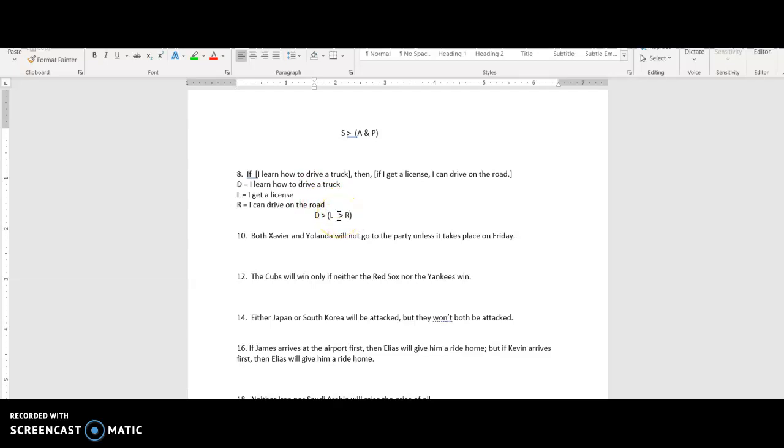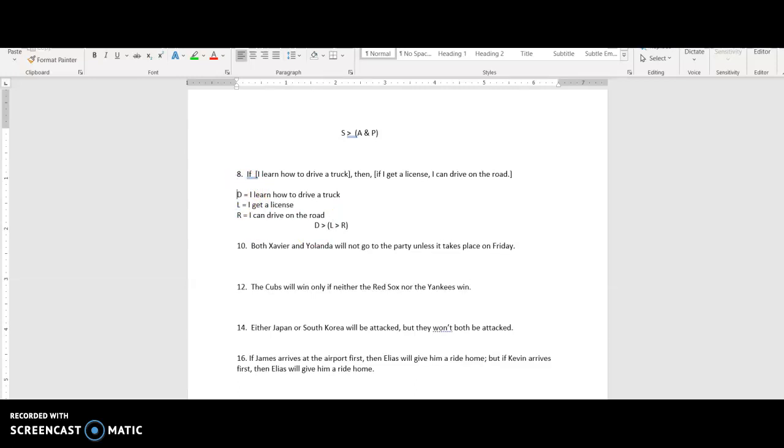All right, so it looks complicated, but again, if you can identify the main operator, then it's just a matter of breaking stuff down into the parts and doing each part individually. I'll do one more quick one. I'm running out of time. Both Xavier and Yolanda will not go to the party unless it takes place on Friday.